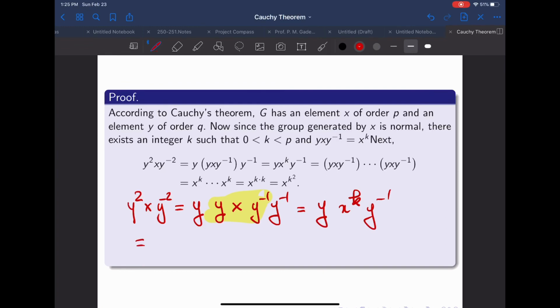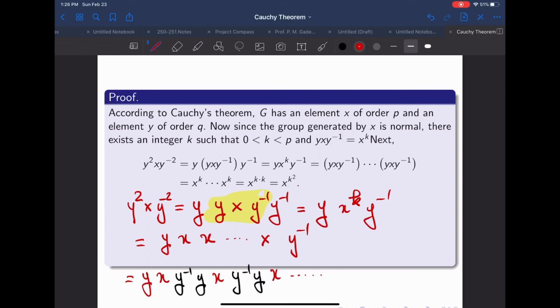Now you can think of that as y x, k many times, y inverse, and in between, you can put y inverse y in between each x, again y inverse y x, and you keep playing the same game until somewhere you'll have y inverse y, and then you'll have x y inverse.